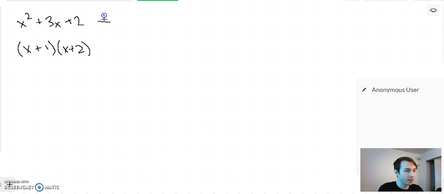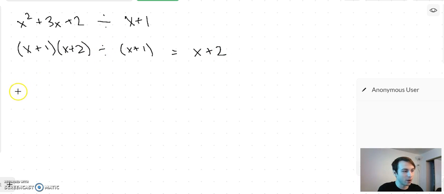So if we divide that by maybe x plus 1, then that's (x plus 1)(x plus 2) divided by (x plus 1). So it just comes out to x plus 2. This is how polynomial division kind of works.